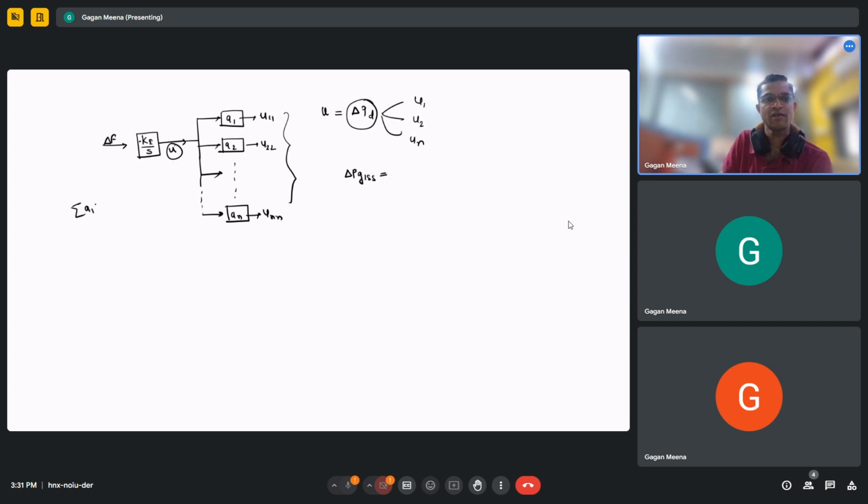Summation of AI, I equals 1 to n, is equal to 1.